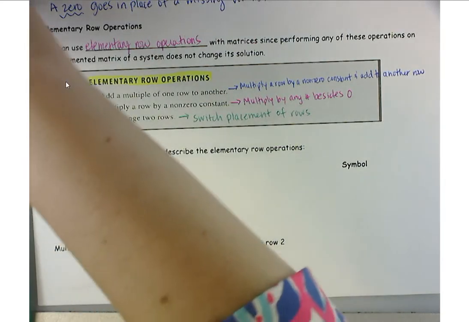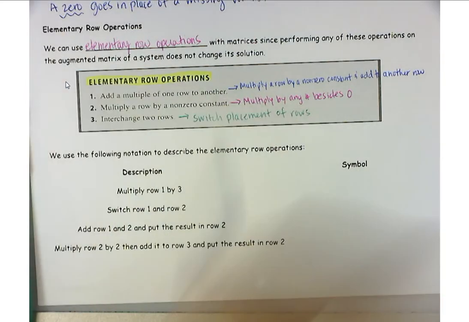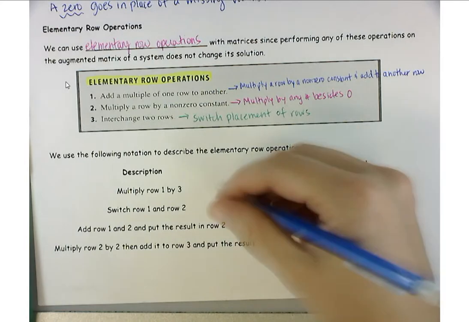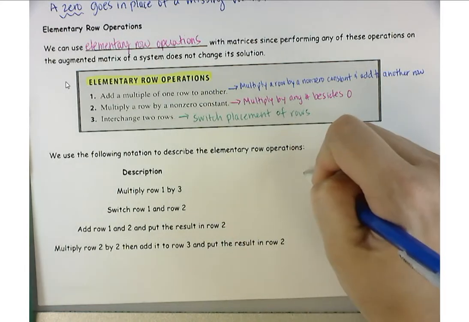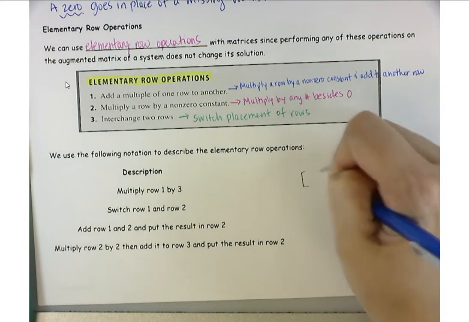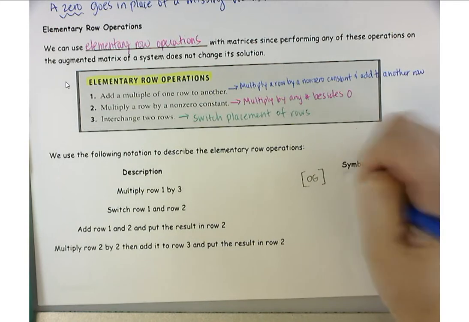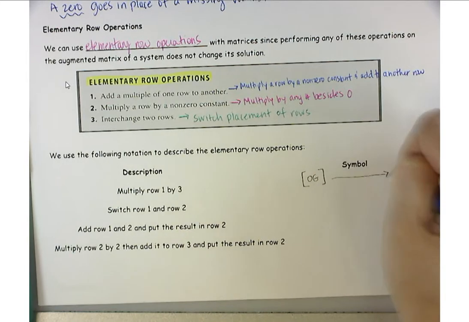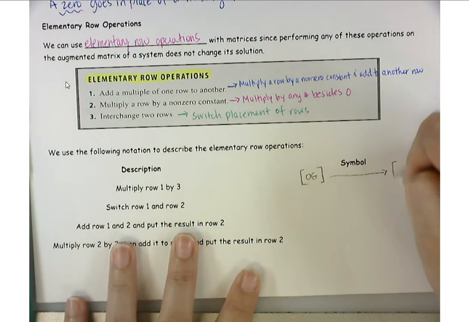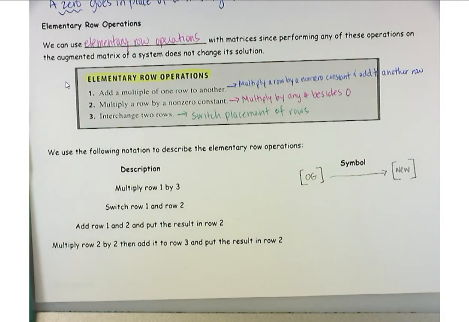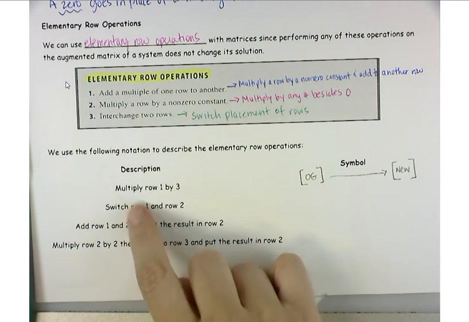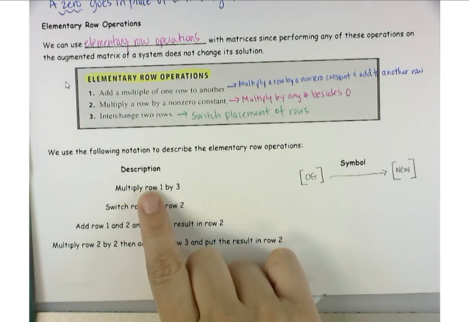So basically what's going to happen is you have one matrix, which represents the original system of equations. So we're going to call this the OG matrix. And then we're going to get to a new matrix. Okay, and to do that, we're going to multiply row 1 by 3. And this is how we're going to label that.